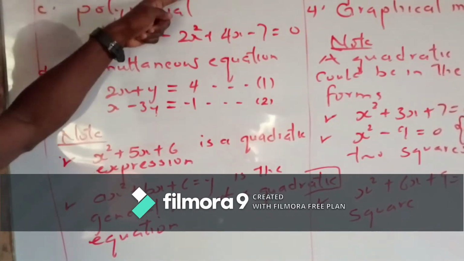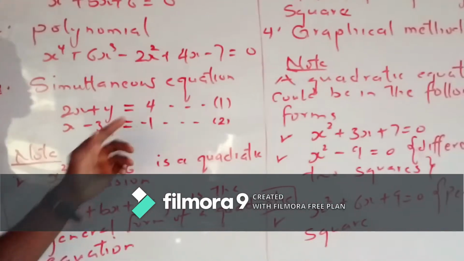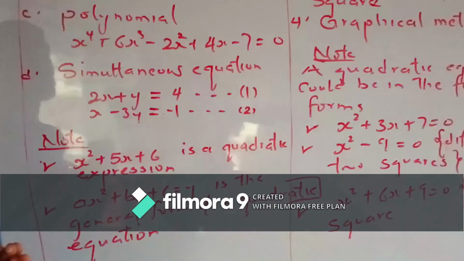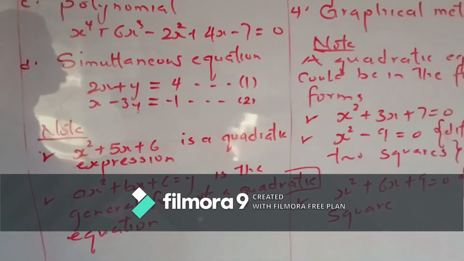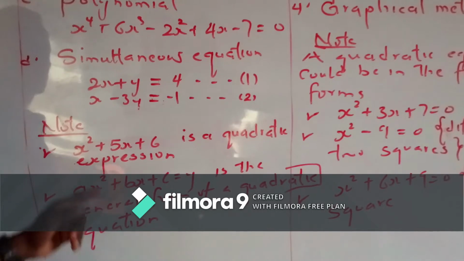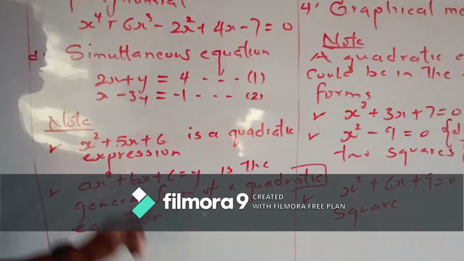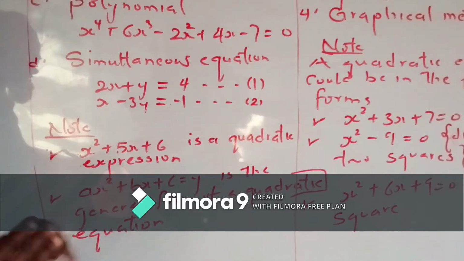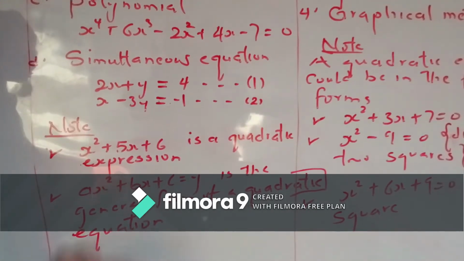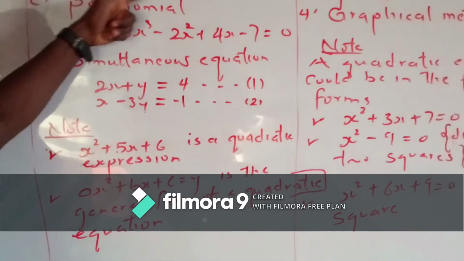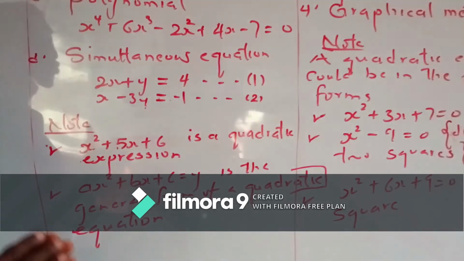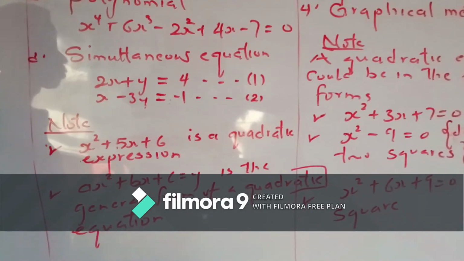But an expression has no equal sign. We have something like this: x squared plus 5x plus 6. That is a quadratic expression. While here we have x squared plus 5x plus 6 equals 0. This is a quadratic equation.